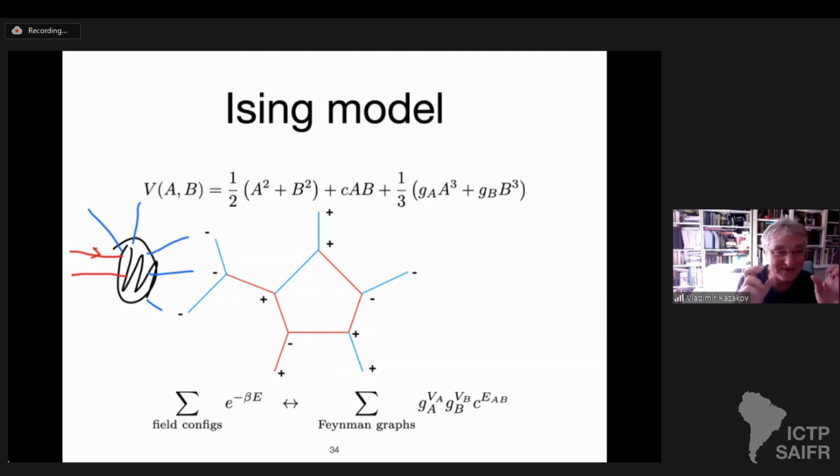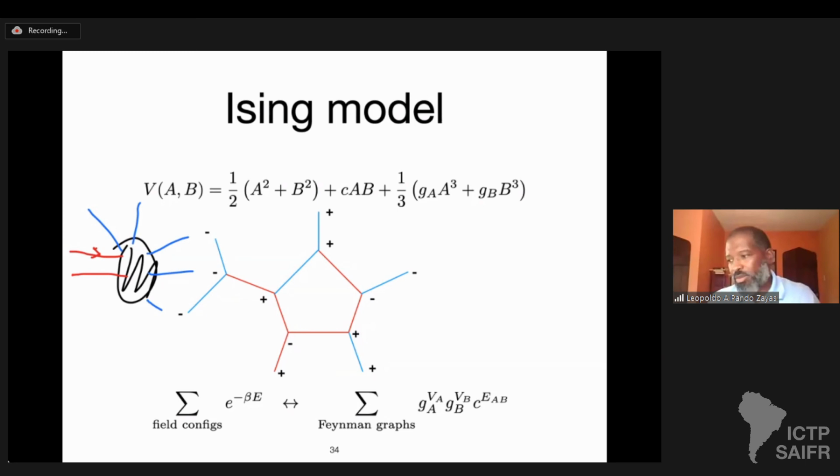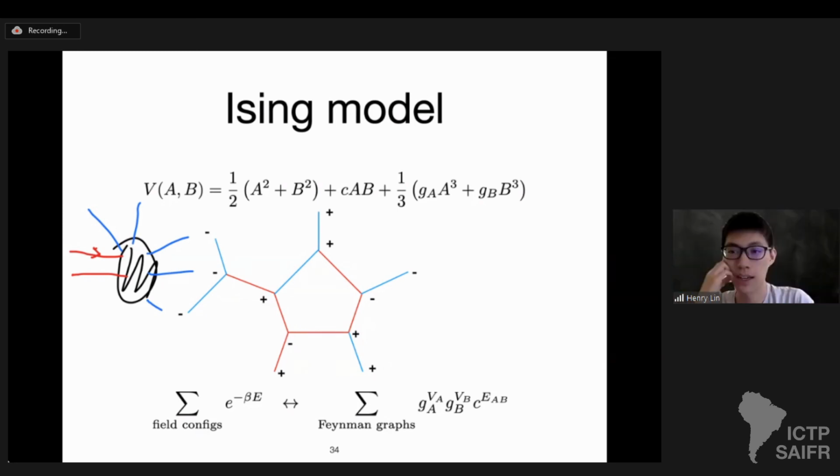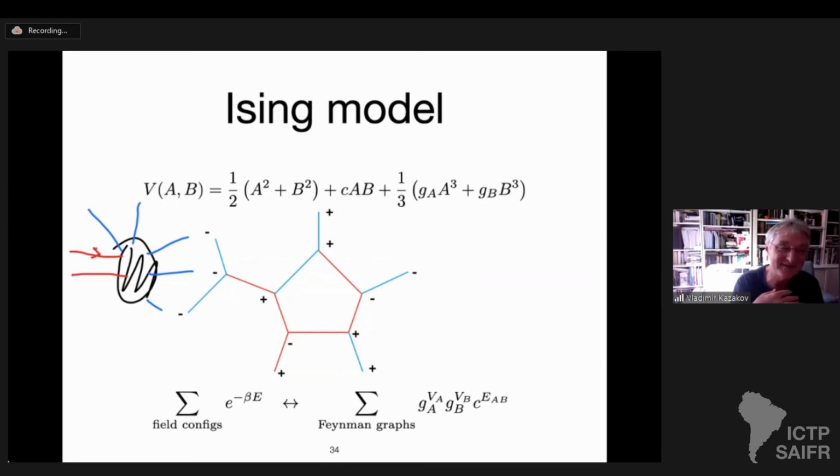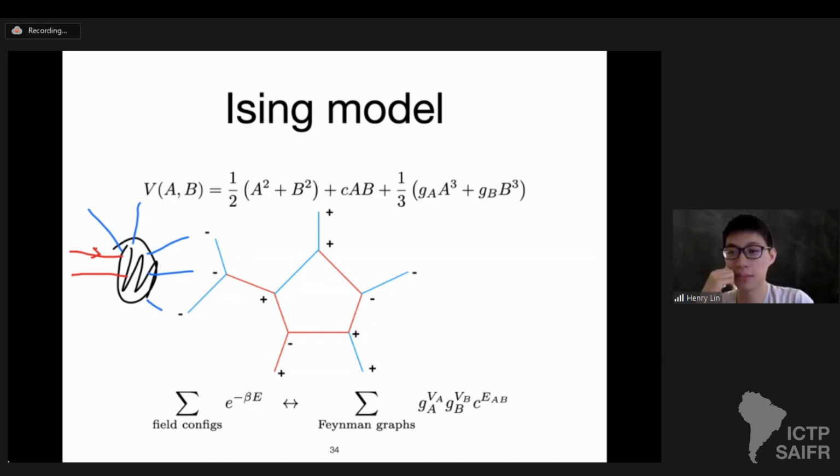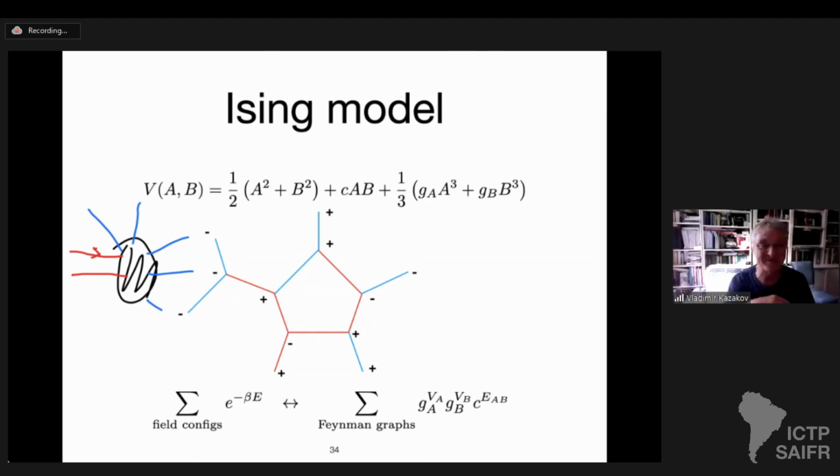Only very particular combinations, on which the loop equations close, are calculable. So it's another interesting problem to compute uncalculable, unsolvable operators. Unsolvable sectors of solvable models. Sectors, yes, of solvable models.